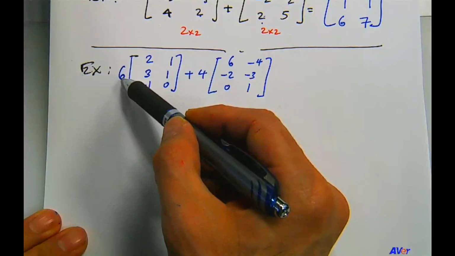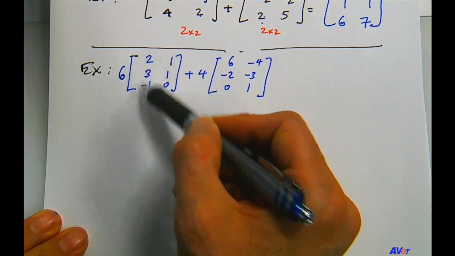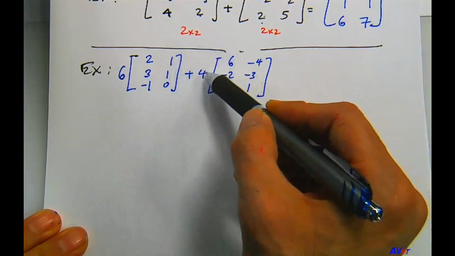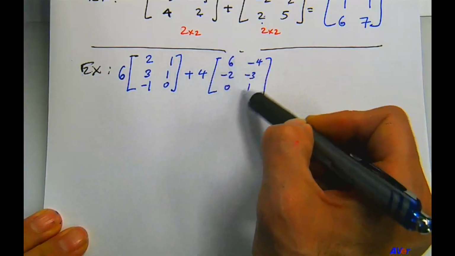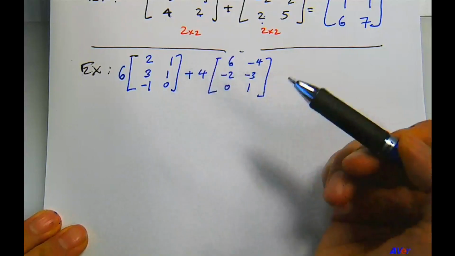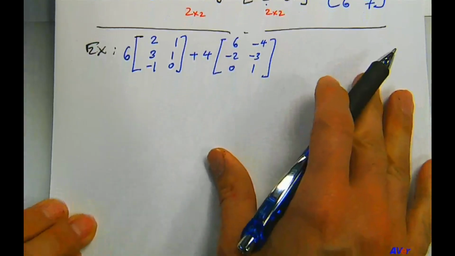All we have to do is distribute the number in front to every element in the matrix, then distribute the 4 into every number in the matrix, and then add the two matrices. So here's what I mean.